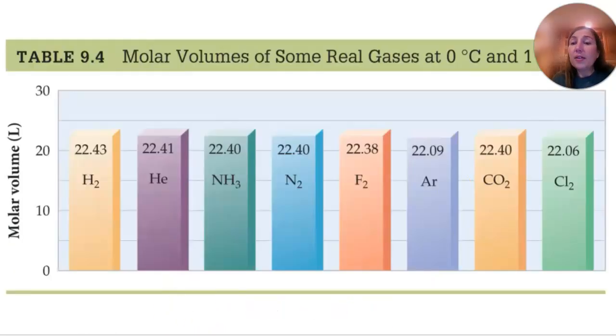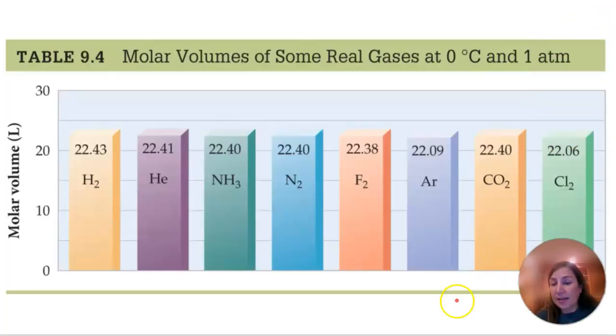Okay, let's look at some molar volumes of some real gases. So we talk about ideal gases, real gases at 0 degrees Celsius and 1 atm. Hydrogen has a molar volume of 22.43 liters, helium 22.41 liters, ammonia 22.4 liters, nitrogen 22.4, fluorine 22.38, pretty much 22.4.